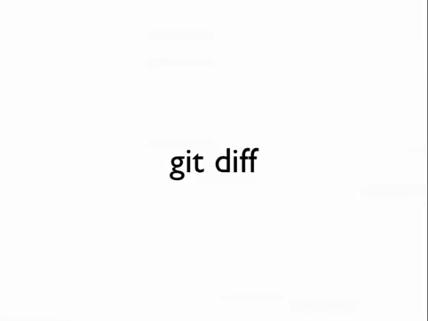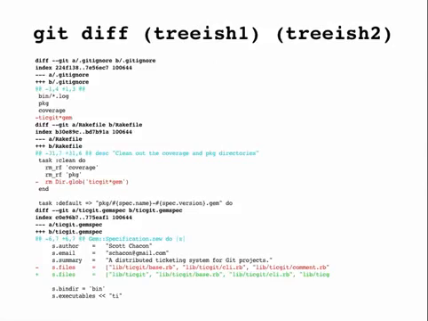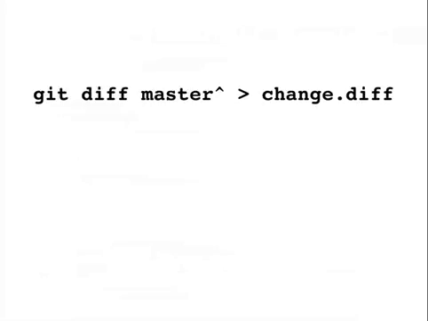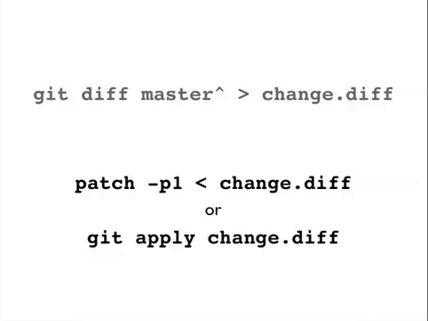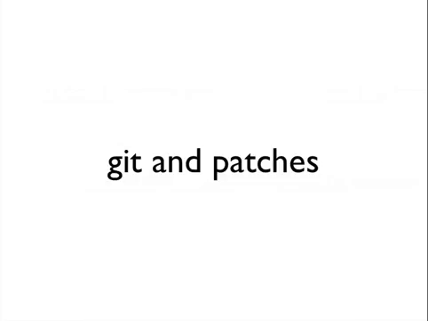You can also do diff, which is an interesting way of seeing the differences between 2 trees. So in this case, it'll give you a unified diff output. Okay, and that is a real diff. So you can do git diff and pipe it into a diff file, and then somebody else can apply that with patch. Or you can run git apply, and they basically do the same thing.